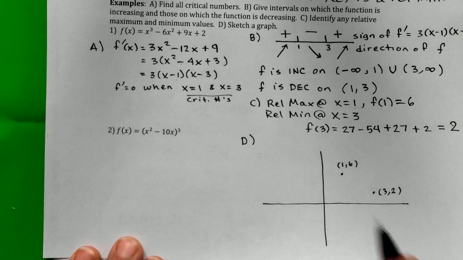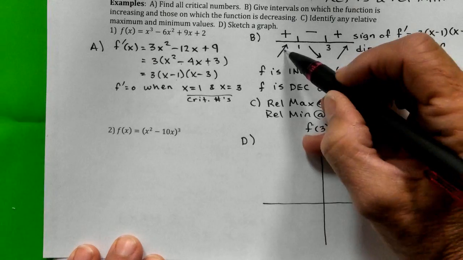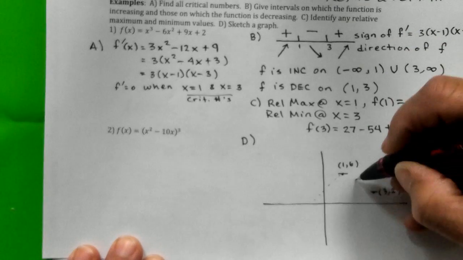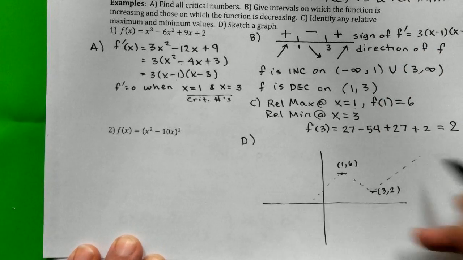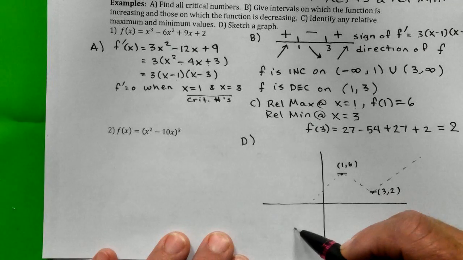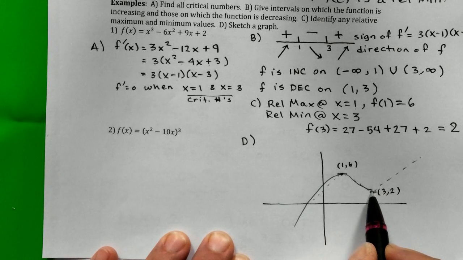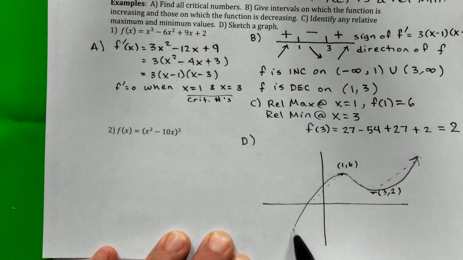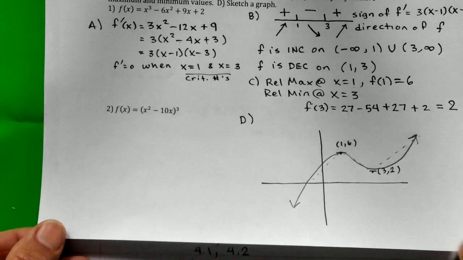The tangent line is telling me I have zero slope here and zero slope there. Then I need to make it rise, fall between 1 and 3, and rise up again. Those are my tangent lines. I've got a polynomial, so I know I can draw just a nice smooth curve through there. And it'll look something like this. We knew it looked like that before we started, because it was just a third-degree polynomial.